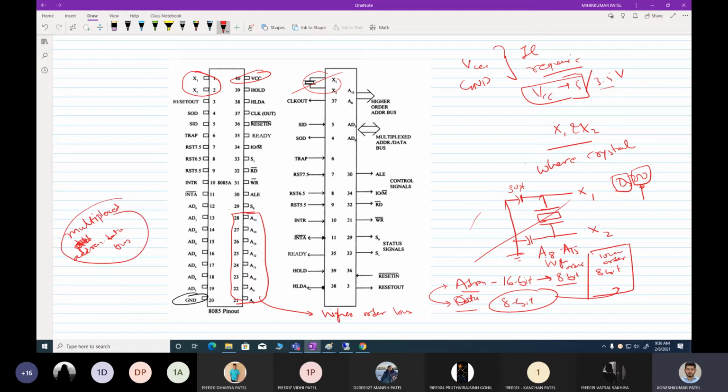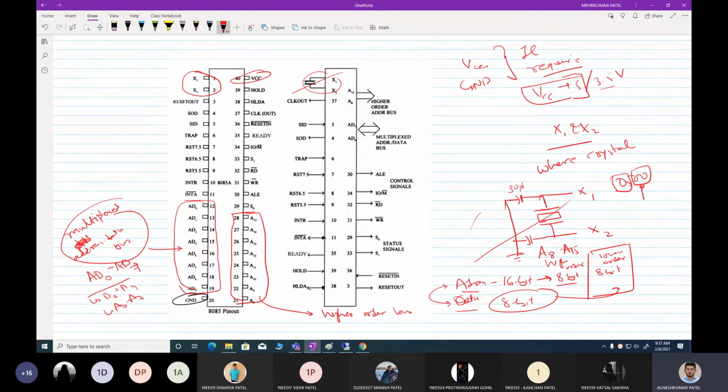Whenever you see A along with D, that means it is a multiplex address data bus. It is marked as AD0 to AD7. From AD0 to AD7, there are two parts: the first is D0 to D7, which is my data bus, and the other is A0 to A7, which is my lower order address bus. This is how this bus is combined.